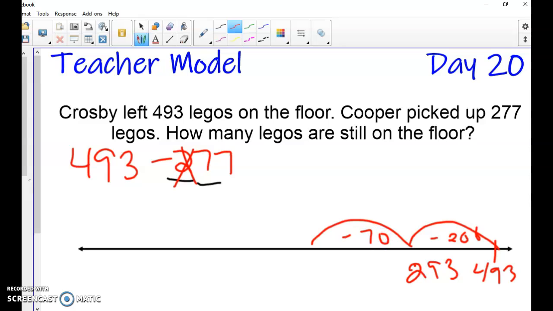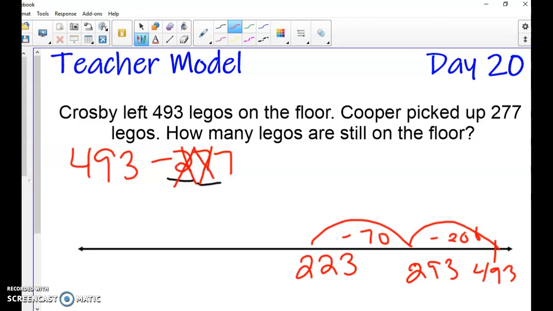So 290 minus 70. My hundreds place is not going to change and my ones place is not going to change. So I know that 9 minus 7 is equal to 2. So therefore 90 minus 70 is equal to 20. So 293 minus 70 is equal to 223.